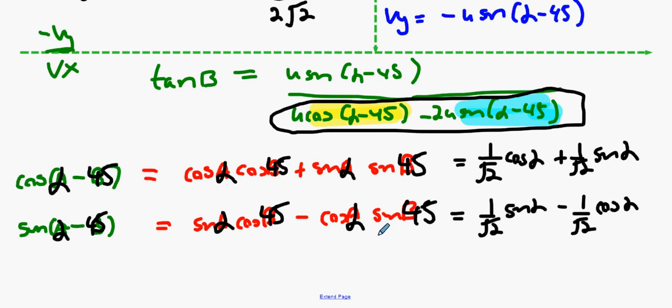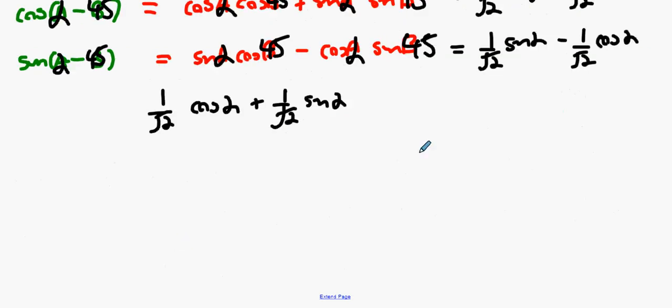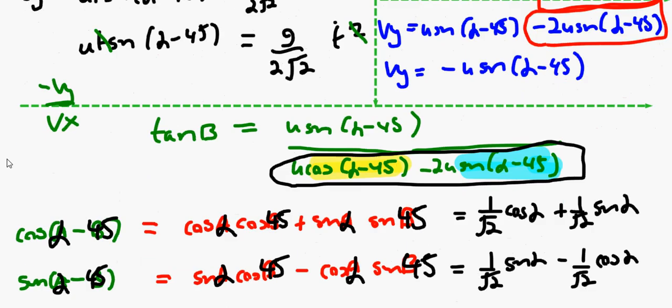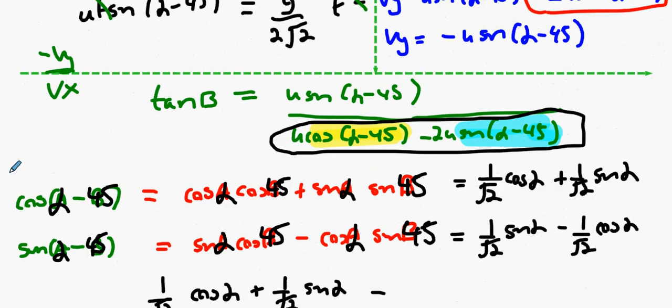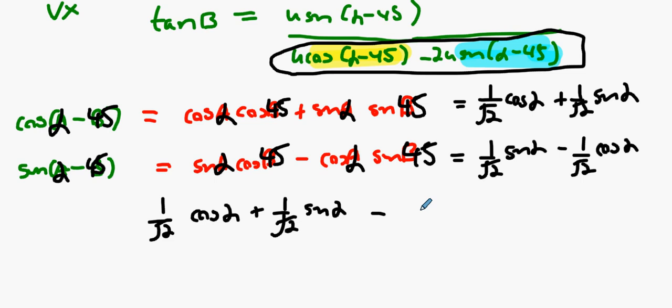Okay. So let's write down u cos alpha, which is 1 over root 2 cos alpha plus 1 over root 2 sin alpha. Then we're going to take away 2 times sin alpha minus 45, the blue part. 2 times it. So multiply both of them by 2, by minus 2 in fact.